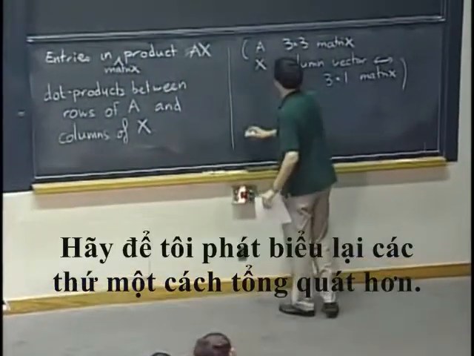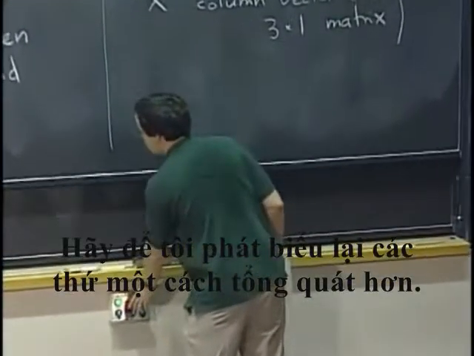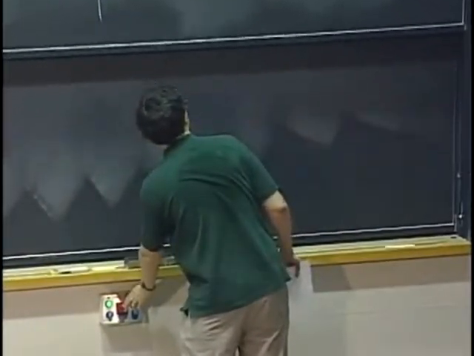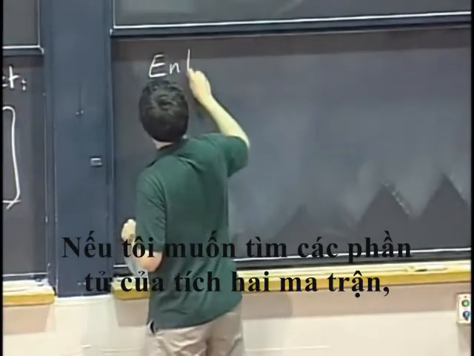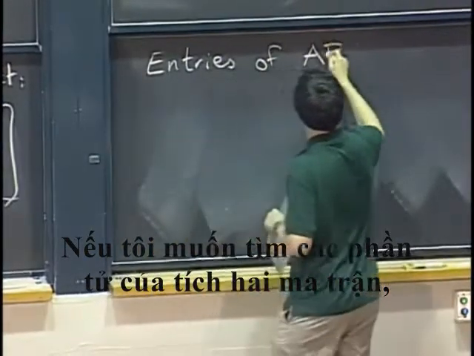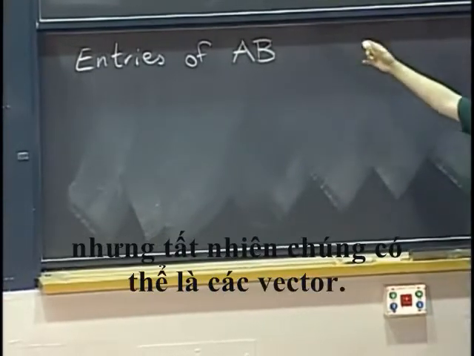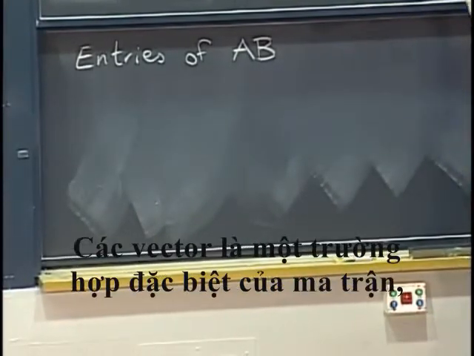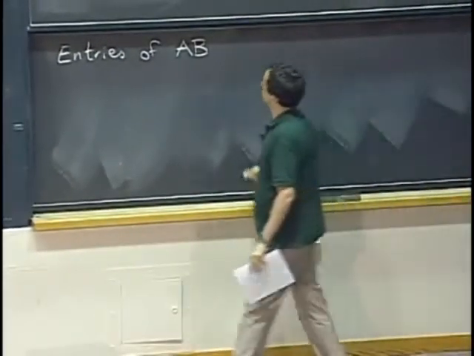So again, let me restate that more generally. If I want to find the entries of a product of 2 matrices, A and B, and they could be vectors, since vectors are a special case of matrices, just by taking a matrix of width 1.